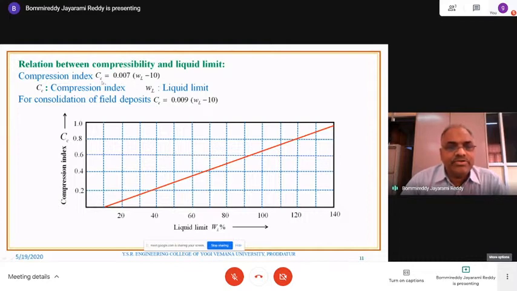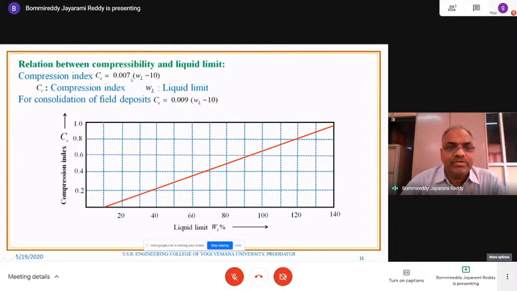So the compression index is related to the liquid limit. In general, Cc equals 0.007 times (WL minus 10). The minus 10 is because on the liquid limit x-axis, the curve started from 10. So that's why it is WL minus 10.